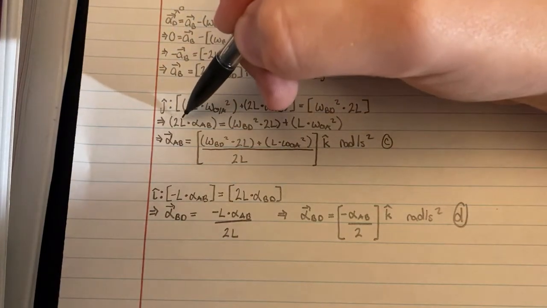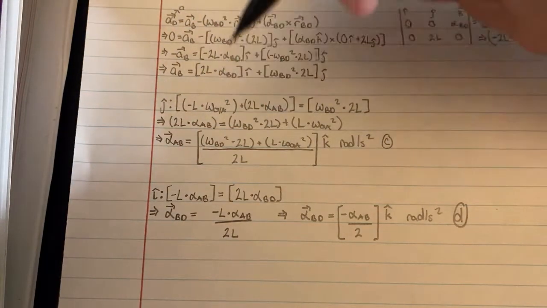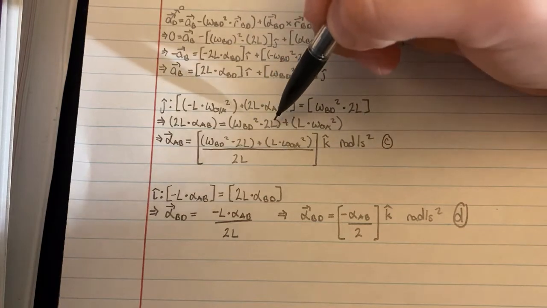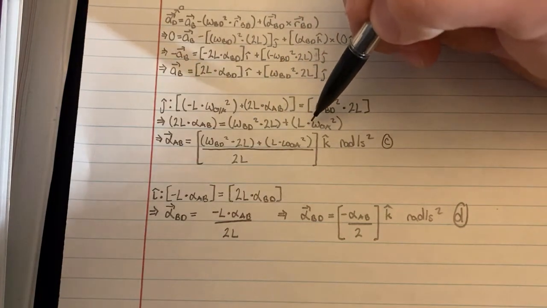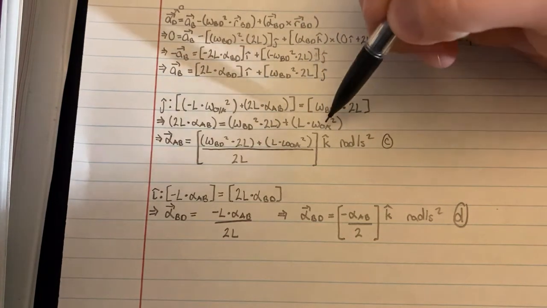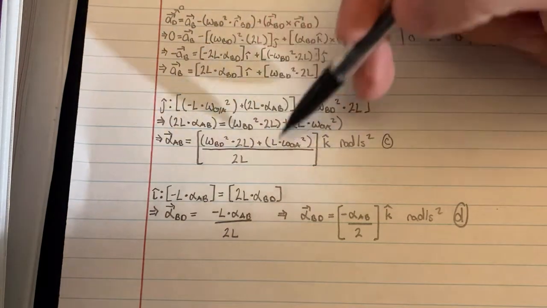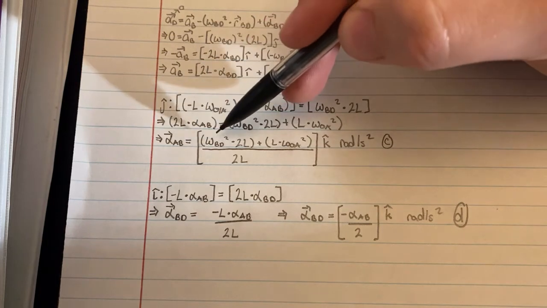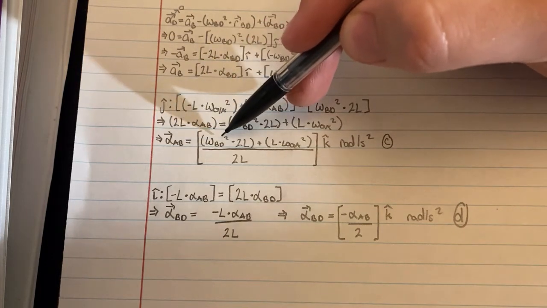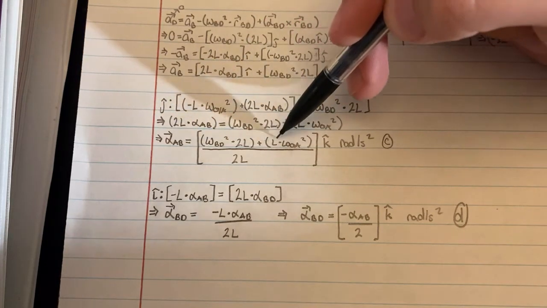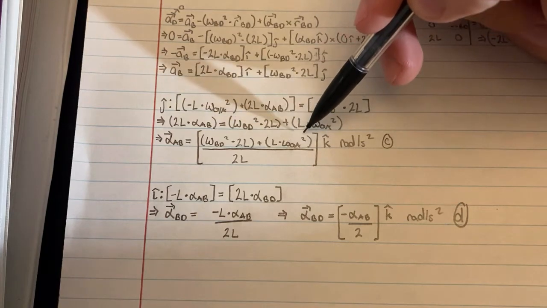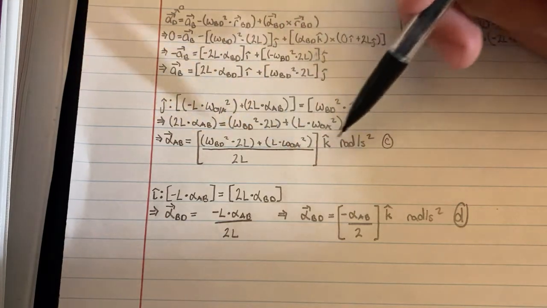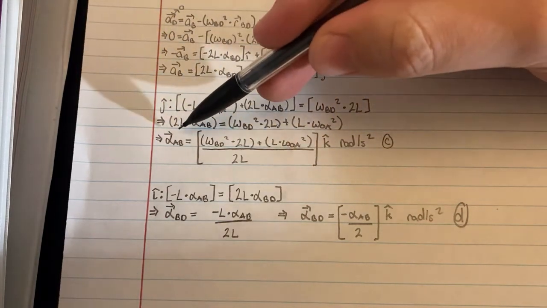So we have 2L times angular acceleration AB equals angular velocity of BD squared times 2L plus L times angular velocity of OA squared. So dividing this all, we can find angular acceleration of AB equals angular velocity of BD squared times 2L plus L times angular velocity of OA squared, all divided by 2L, and that'll find you part C for angular acceleration of AB.